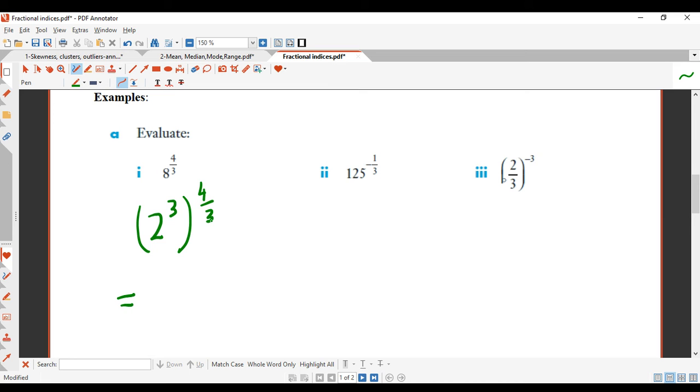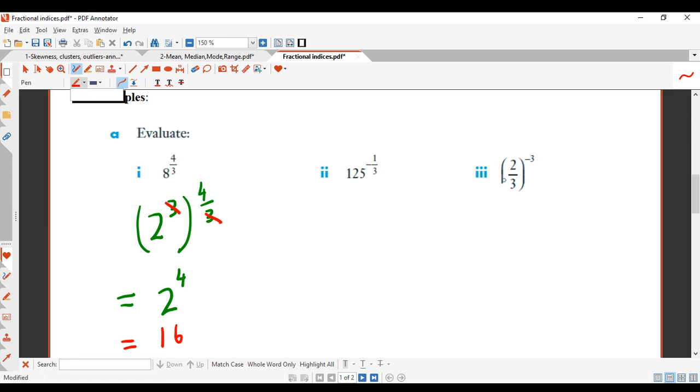Right? And 4/3 times 3, well, that's just going to be 2 to the power 4, won't it? Because the 3's will cancel when you multiply those powers together, to give you 2 to the 4. And that gives you an answer of 16, 2 times 2 times 2 times 2.